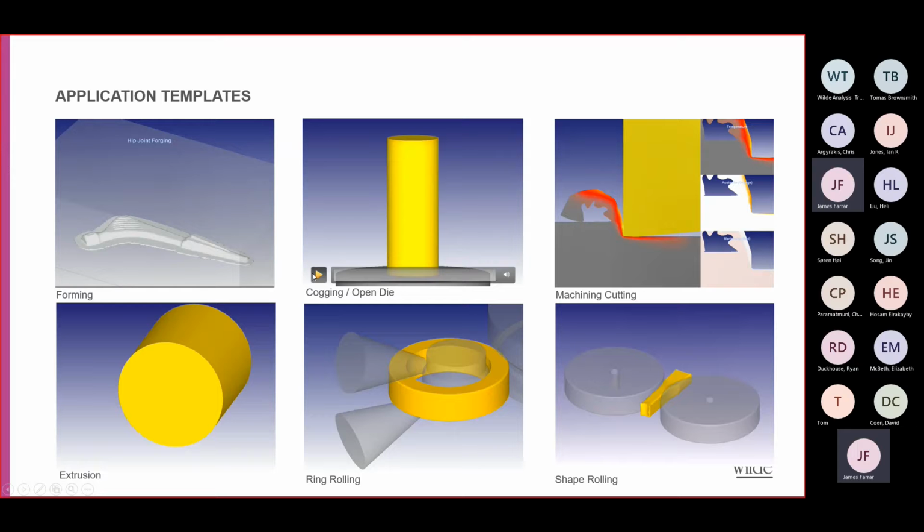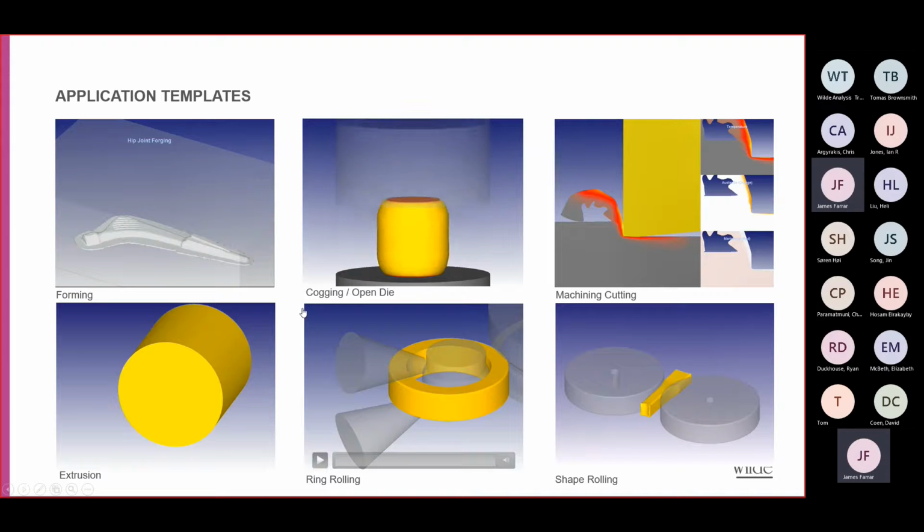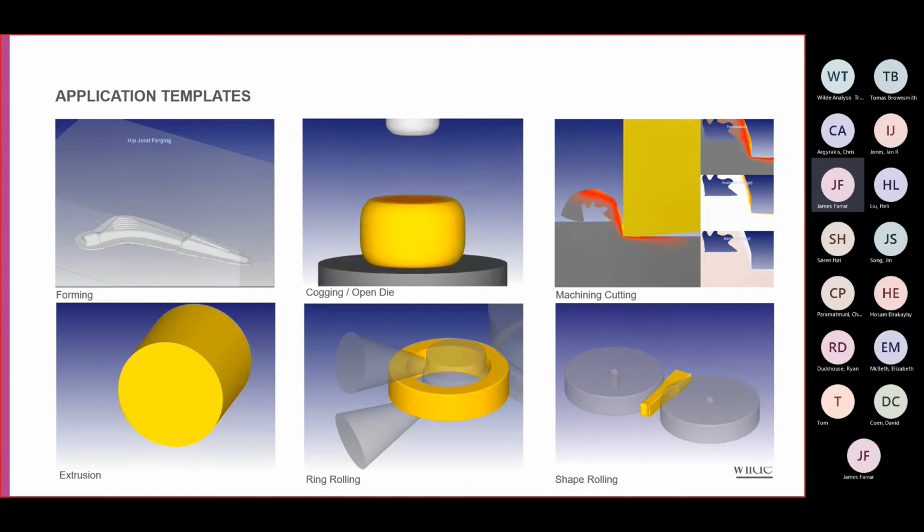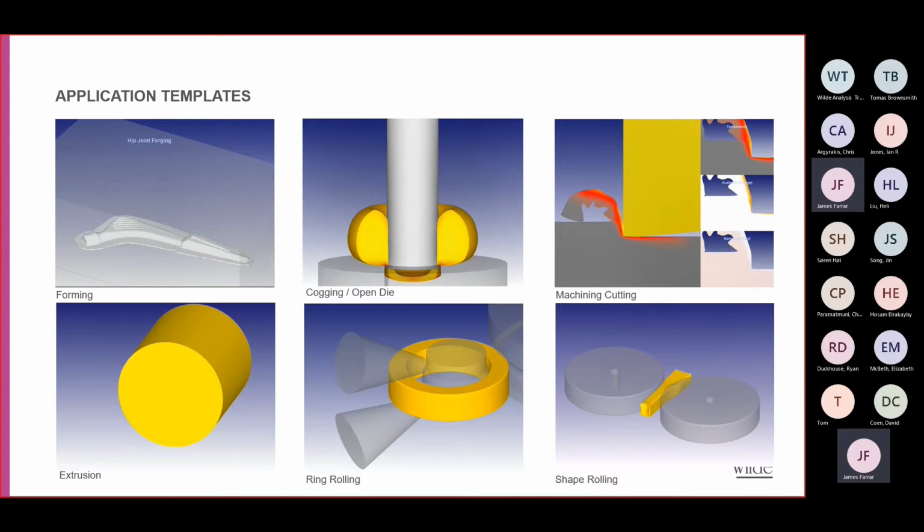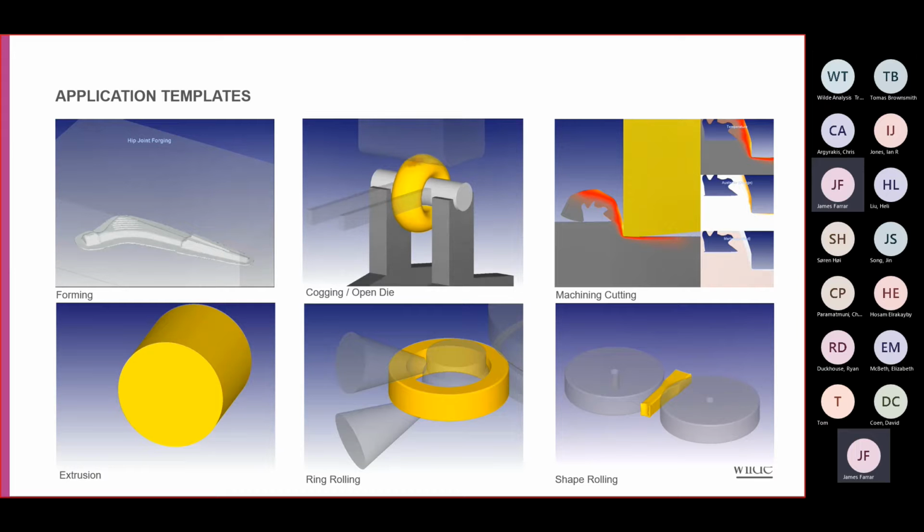In terms of material supply or pre-processing prior to applications like ring rolling, we have an open die system, which you can combine with the forming templates here to maybe look at making preforms, and then using open die operations to develop those into a larger ring.